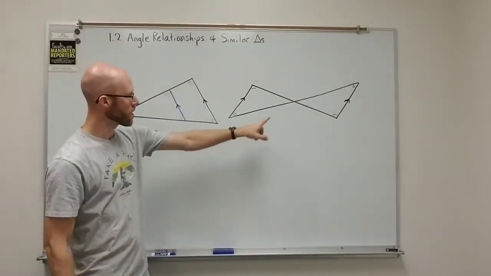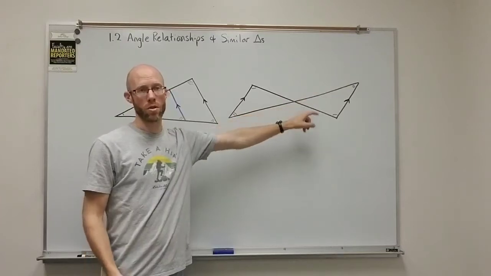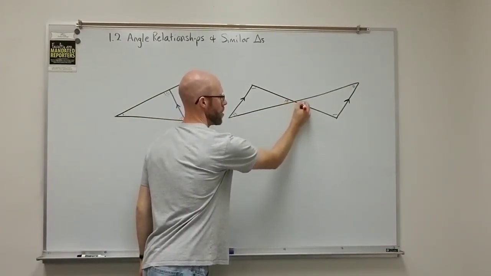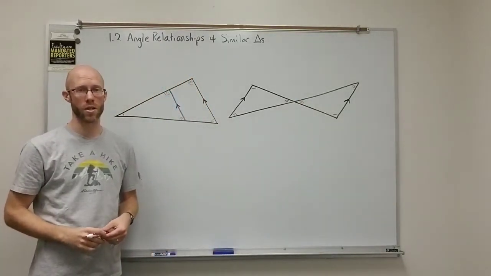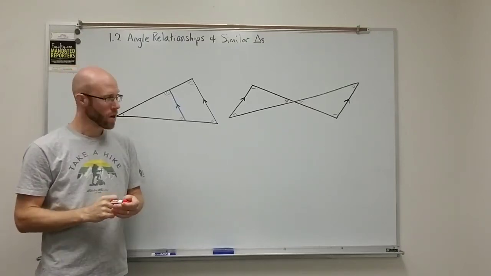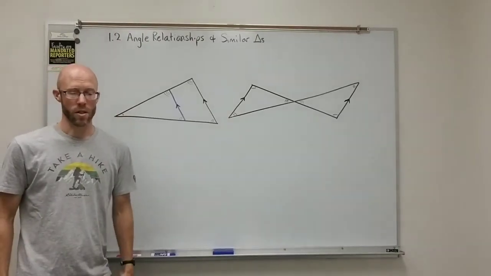And then finally, the two angles in the middle are what we call vertical angles. We know those are always congruent. So we have three sets of congruent angles again, making for similar triangles, okay? All right, so those are two different situations you might see.